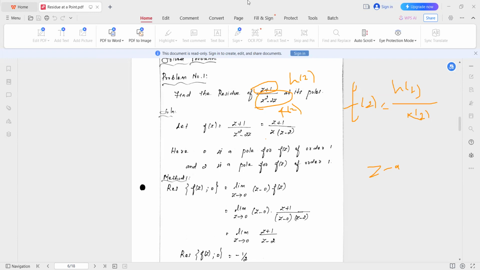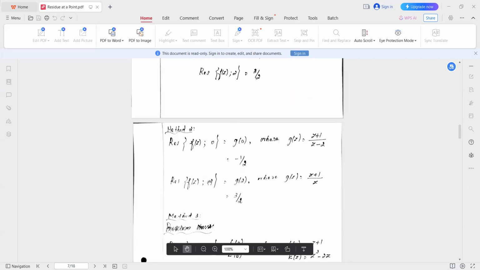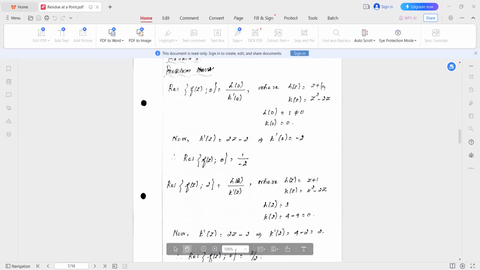So h of z is equal to the numerator, k of z is equal to the denominator. Next we are checking h of 0 should not be equal to 0 and k of 0 must be 0. h of 0 is clearly 1, not equal to 0, and k of 0 is clearly 0. So by the residue formula, residue is equal to h of 0 by k dash of 0.